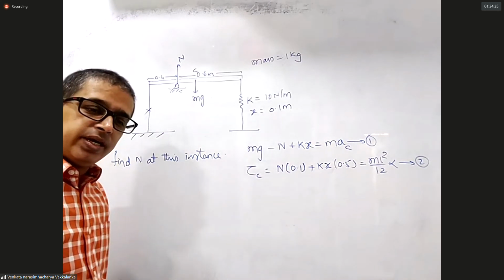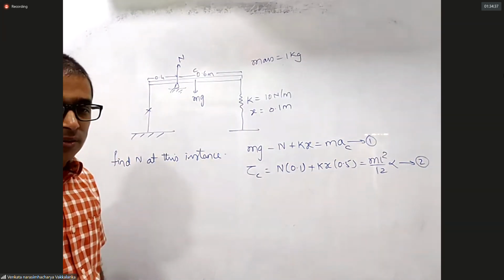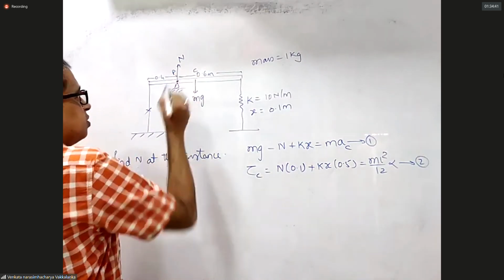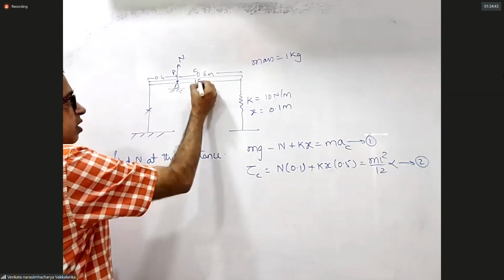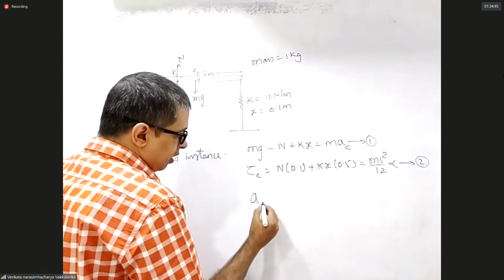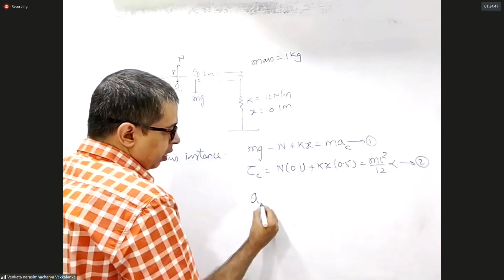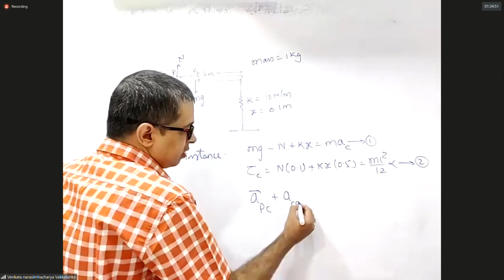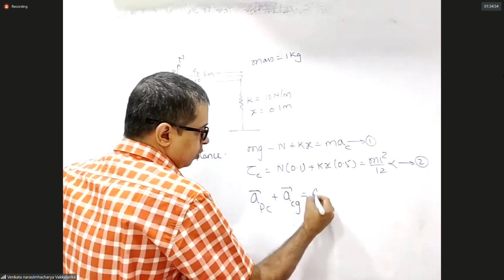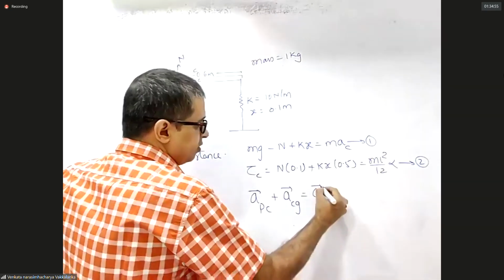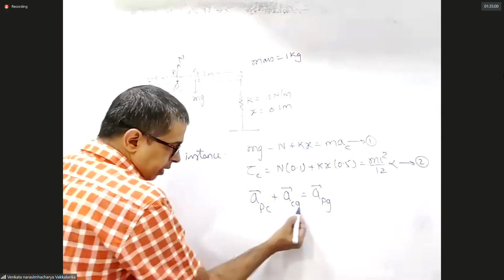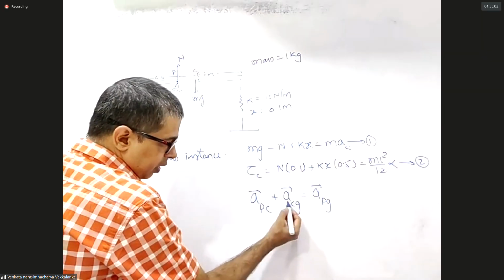Translational dynamic equation, rotational dynamic equation, constraint relations. You will call this the peg P, this is the center of mass C. Acceleration of the peg with respect to the center of mass plus acceleration of the center of mass with respect to the ground is the acceleration of the peg with respect to the ground.